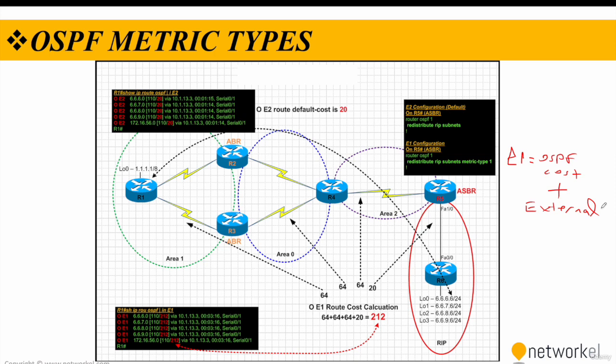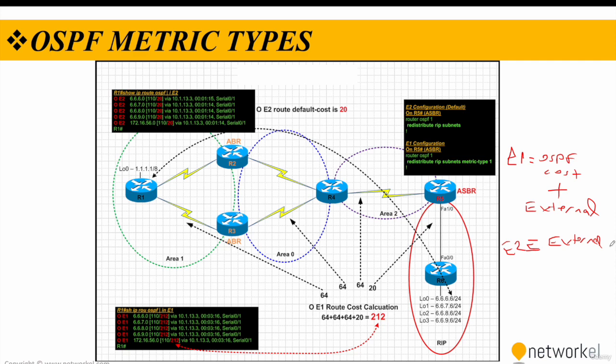Okay, I also have the E2 routes. For E2 routes, the external metric is not affected by the OSPF internal cost. It remains the external cost alone. So let's type here: the E2 metric equals the external metric only.